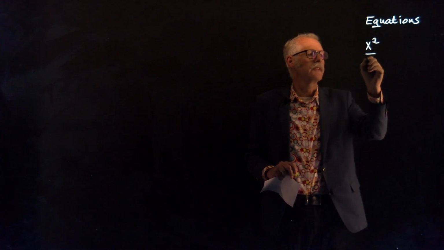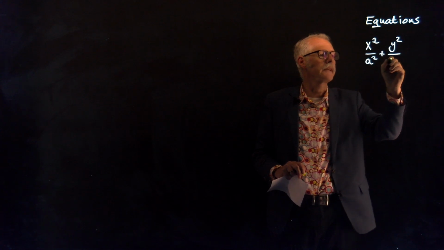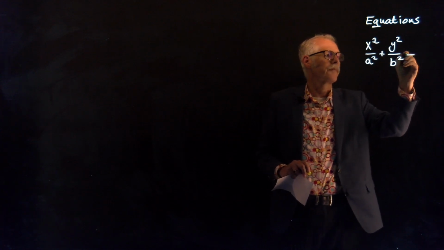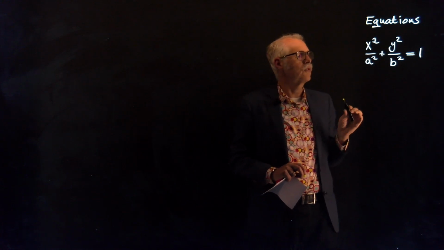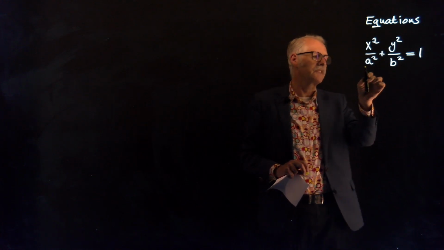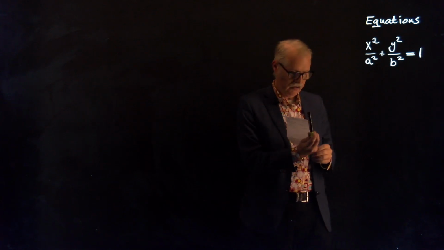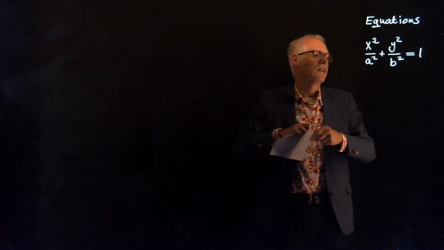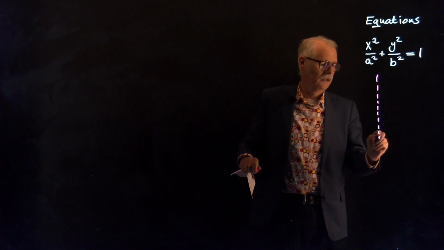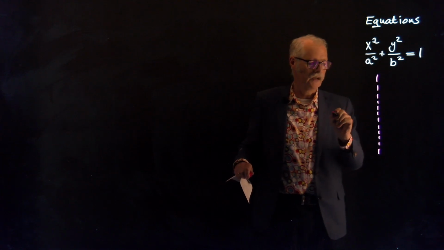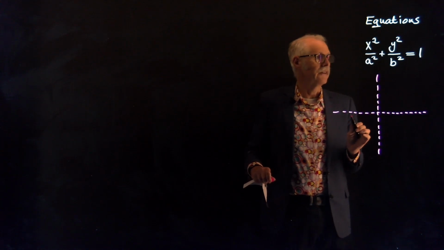x squared divided by a squared plus y squared divided by b squared equals 1. This is working in a Cartesian approach, so we have coordinates x and y. We have the numbers a and b, which characterize the ellipse. And we work in a coordinate system like this. So suppose we have a vertical axis, which we label y, and a horizontal axis, which we label x.